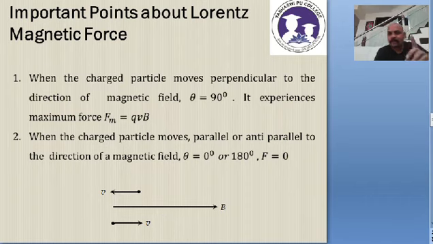Imagine a charged particle moving perpendicular to the direction of the magnetic field. Then it experiences maximum force, because F is equal to QVB sin theta, and since theta is 90 degrees, sin 90 is 1. So a charge moving perpendicular to the magnetic field experiences the maximum force.